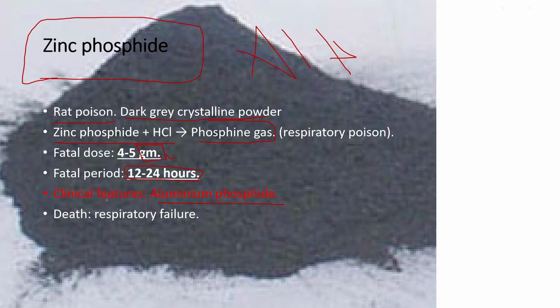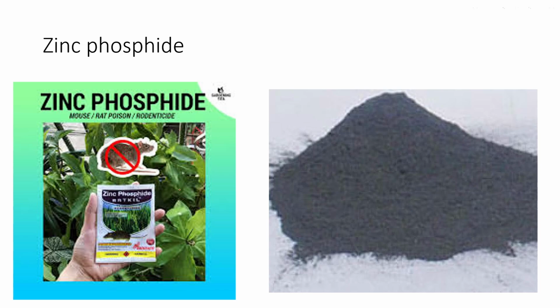Clinical manifestations are the same as aluminum phosphide, and death is caused by respiratory failure due to the stopping of cellular oxidation inside the cytochrome system. ATP stopping will occur, right? This is zinc phosphide, specially used for rats.